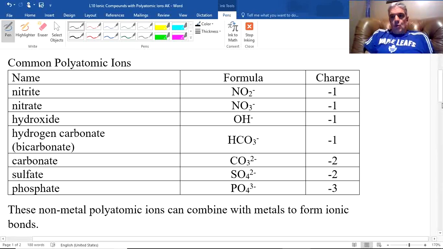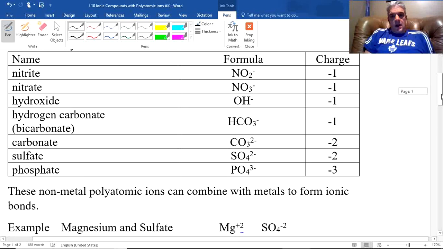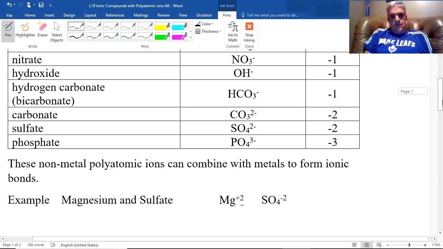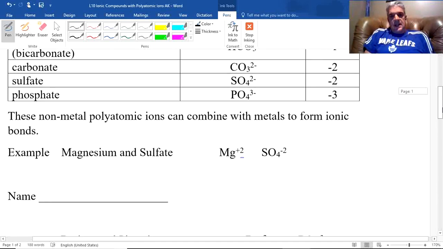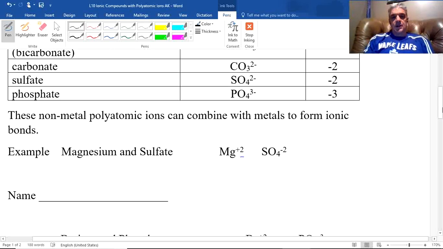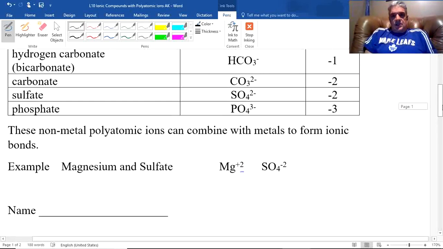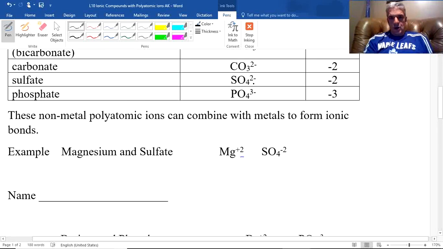Now, we can use these polyatomic ions to form ionic compounds or ionic bonds. For example, let's say we were going to combine magnesium and sulfate. We get sulfate from the chart right here, SO4 -2, and magnesium is +2. Where did I get that from?